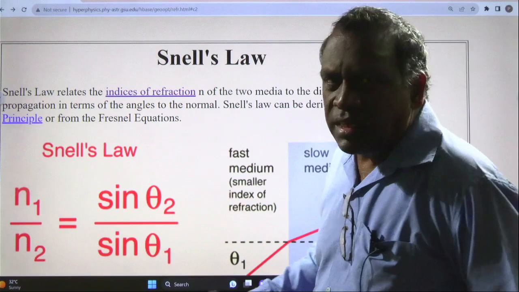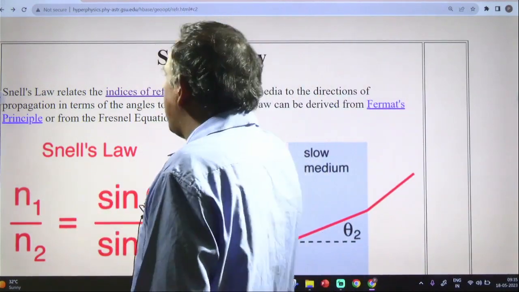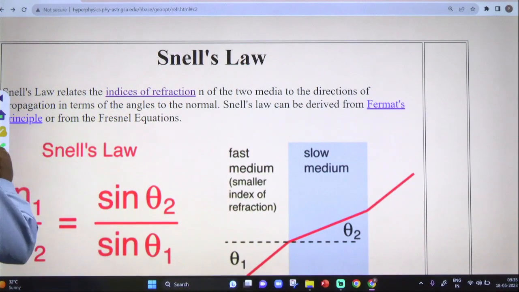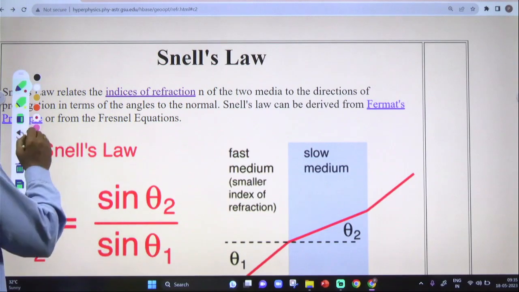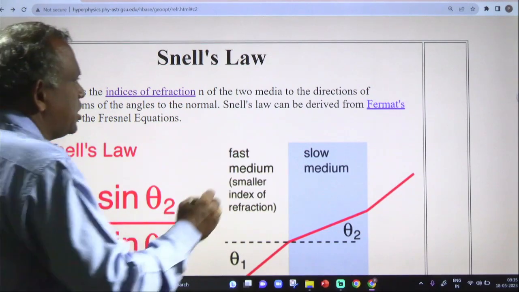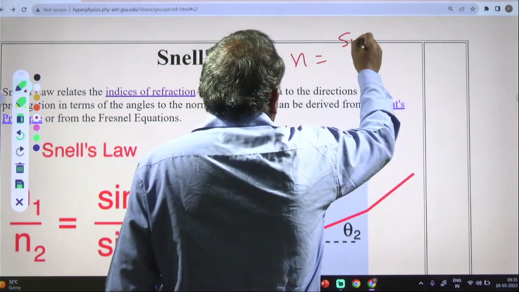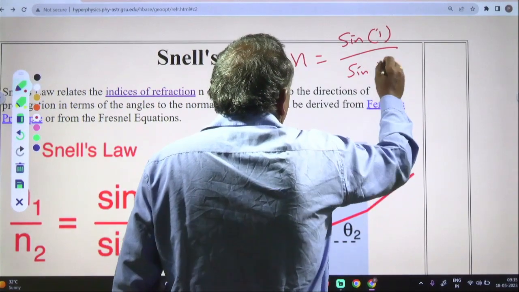Simply, Snell's law is also written as, at the elementary stage in books, n equals sine i by sine r, or mu instead of n.